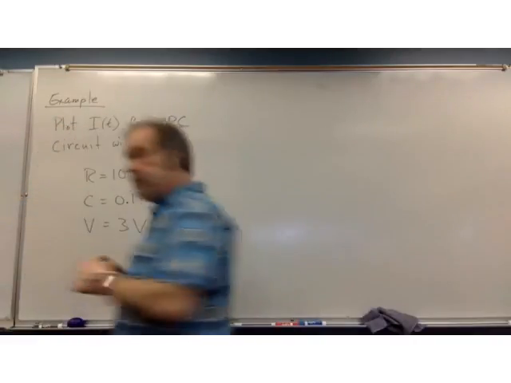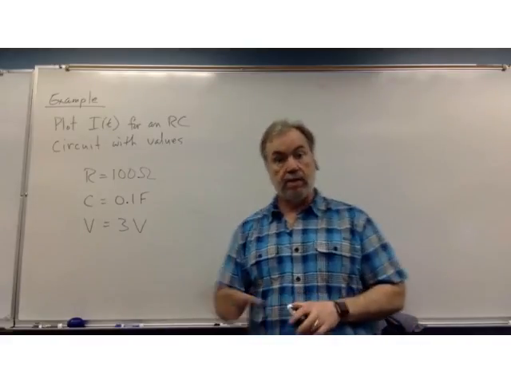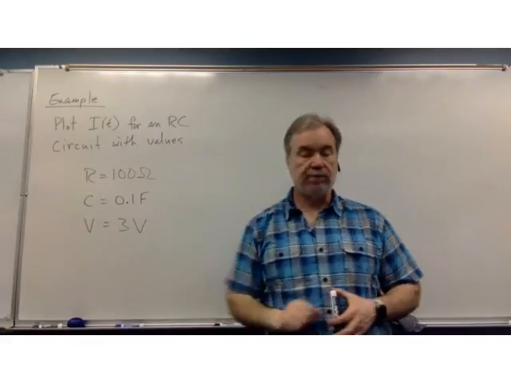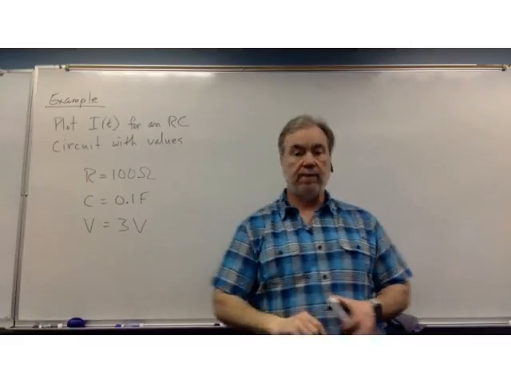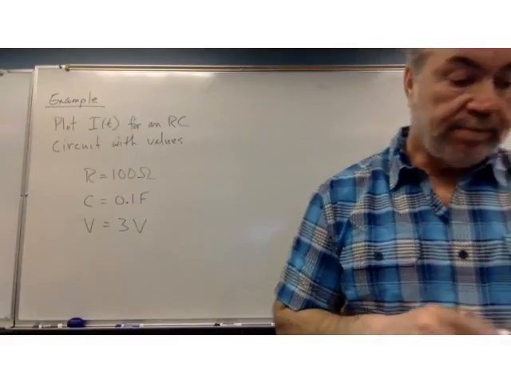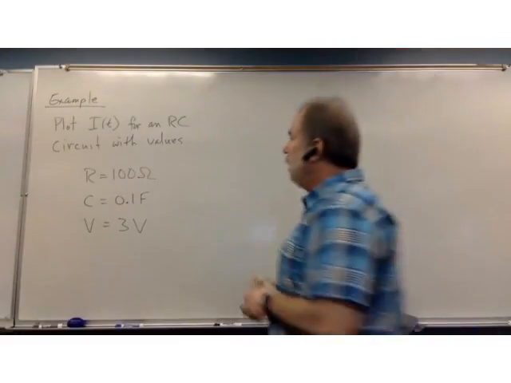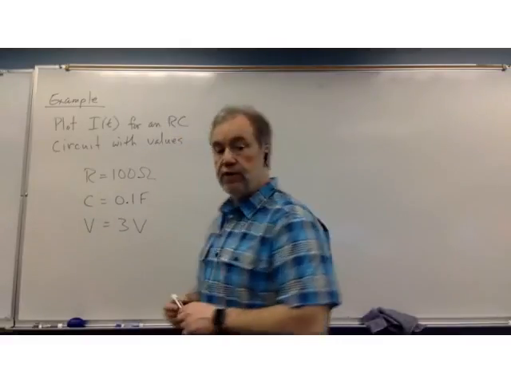This is exactly the sort of circuit you could build in your lab: a couple of D-cell batteries, one of the resistors that I just waved at you, 100 ohms, and a tenth of a farad capacitor. We can do that. So what do we get? Well, we want to plot this function.